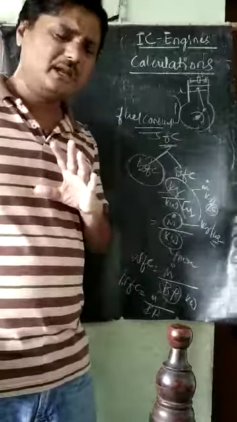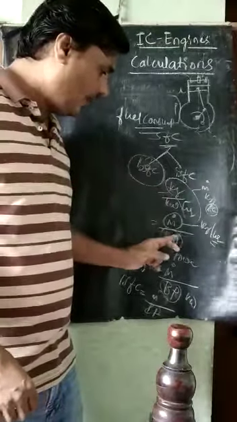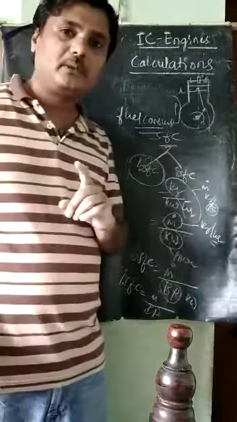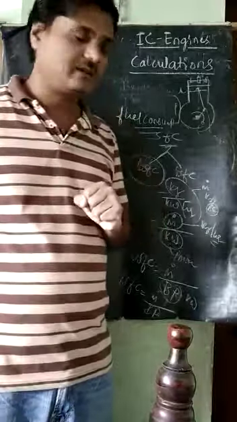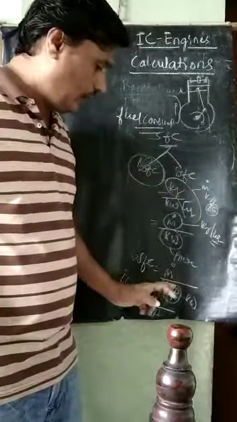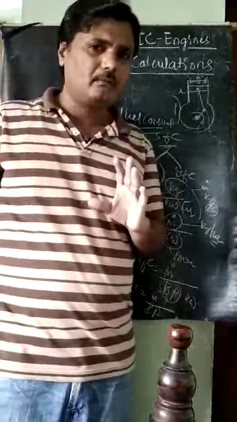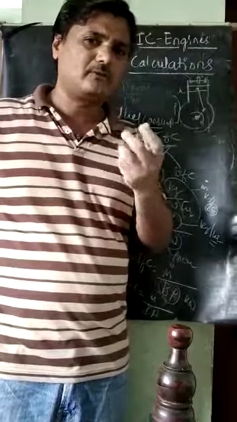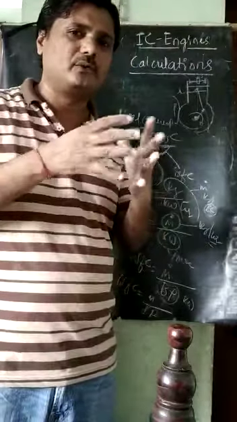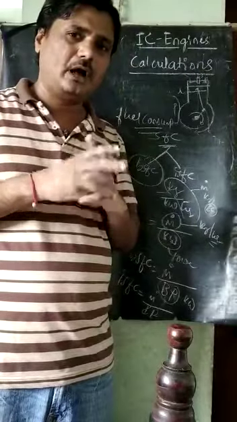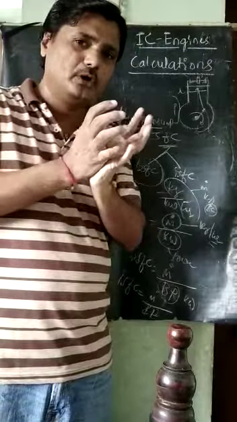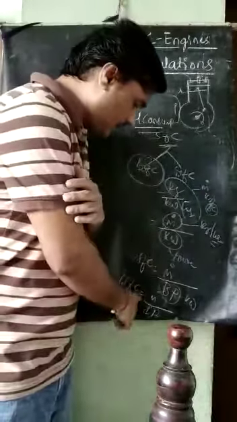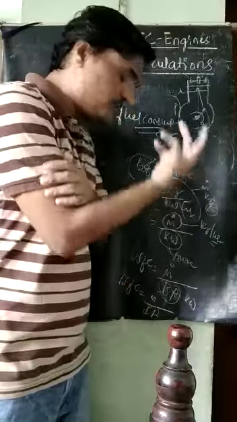So what does it actually indicate? Kilowatt hour means it is 1 unit of power. So for 1 unit of power, how much mass of the fuel do we have to take? How much fuel do we have to input to get this much indicated power, this much brake power?